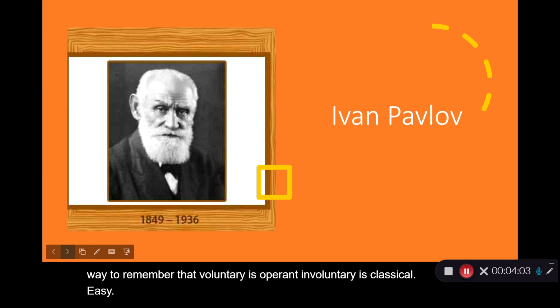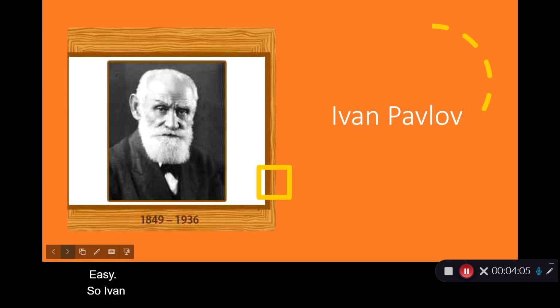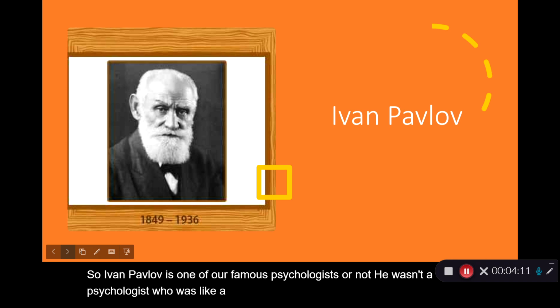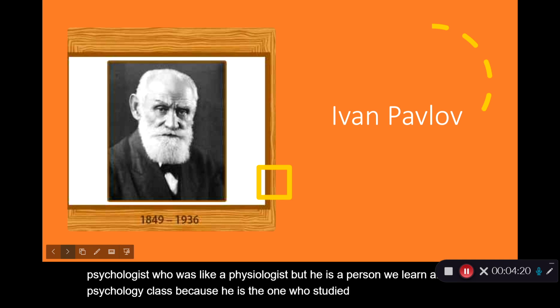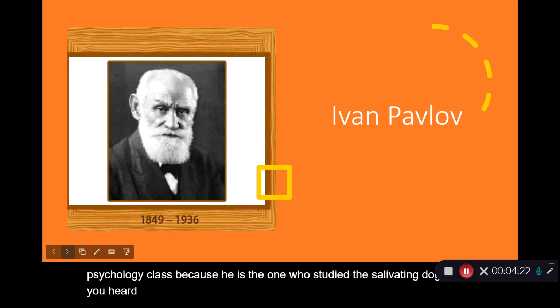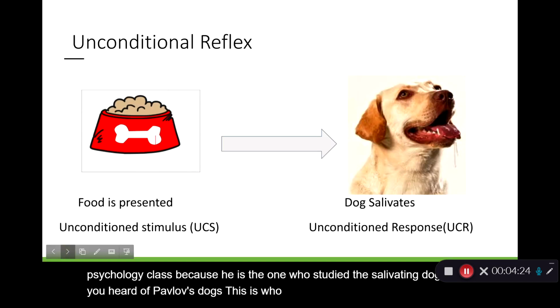So Ivan Pavlov is one of our famous psychologists, or not, I don't even think he was a psychologist, he was a physiologist. But he is a person we learn about in psychology class because he is the one who studied the salivating dogs. So if you've heard of Pavlov's dogs, this is who we're talking about here. Now, why are we talking about dogs in psychology?